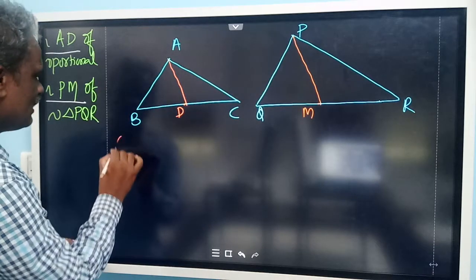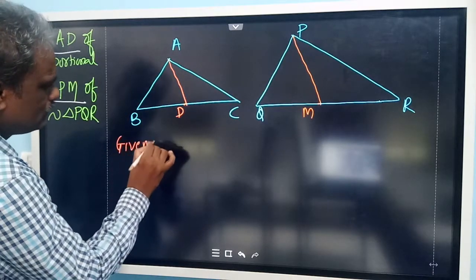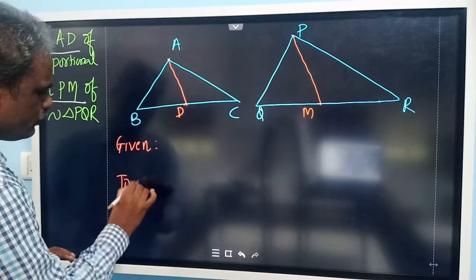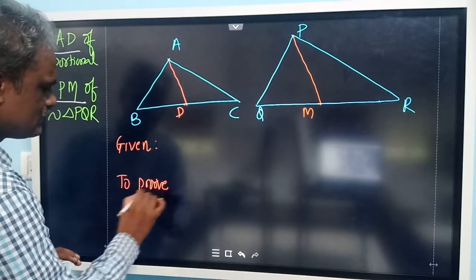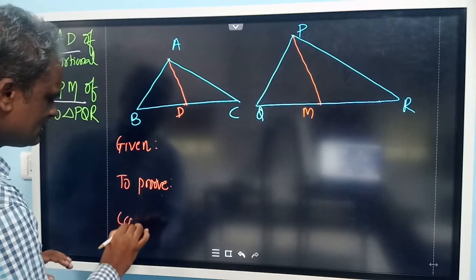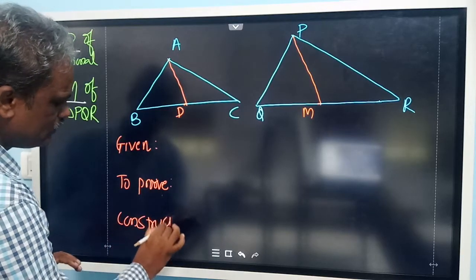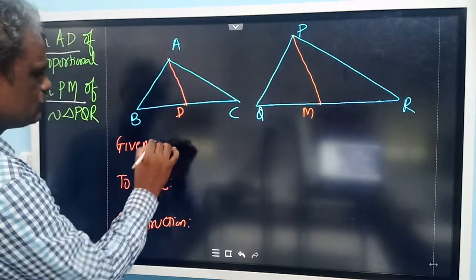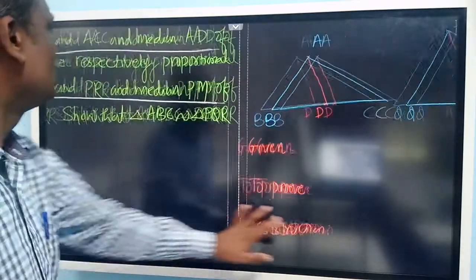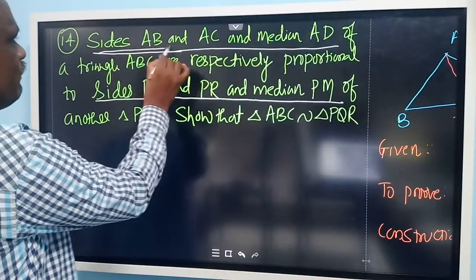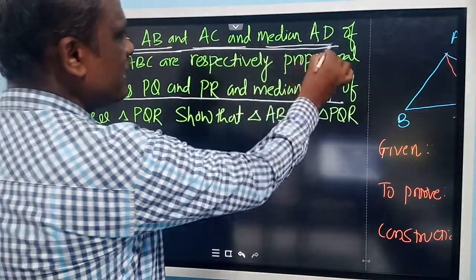Now let us write what is given, what you have to prove, then the construction if necessary. Given in these two triangles, what is given here? Sides AB, AC and median AD.